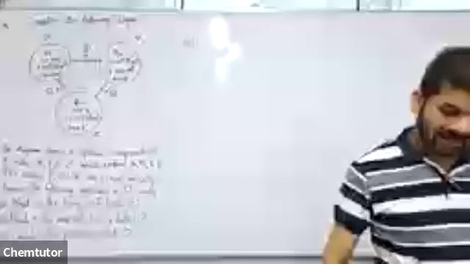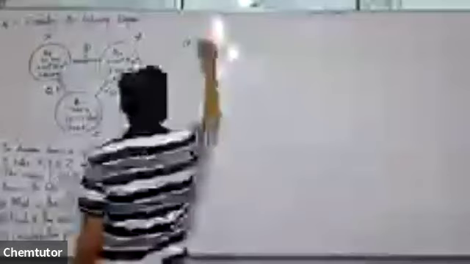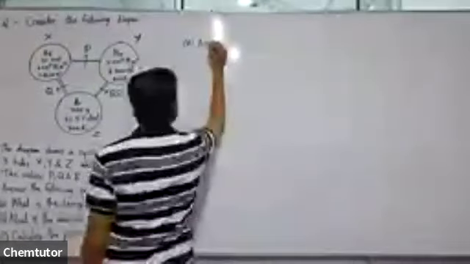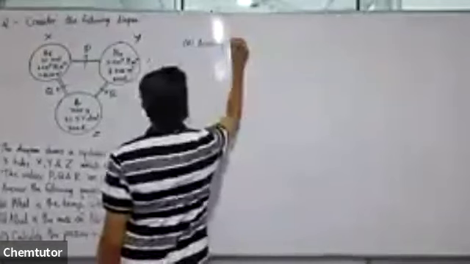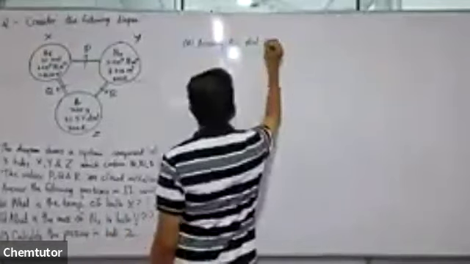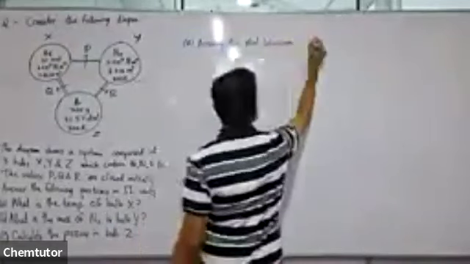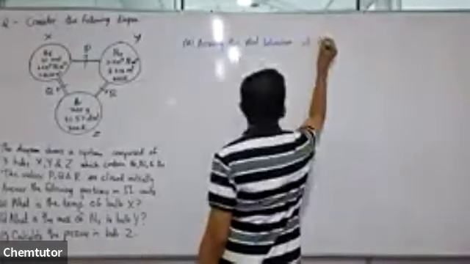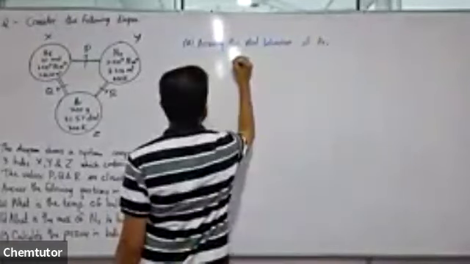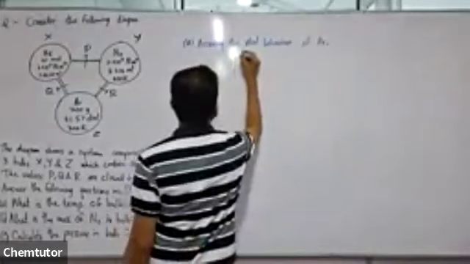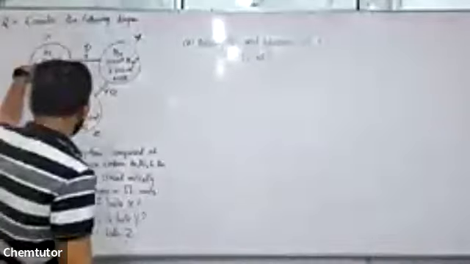We can assume the ideal behavior of helium, and then we can apply PV equals nRT.